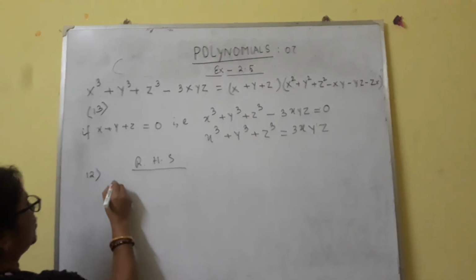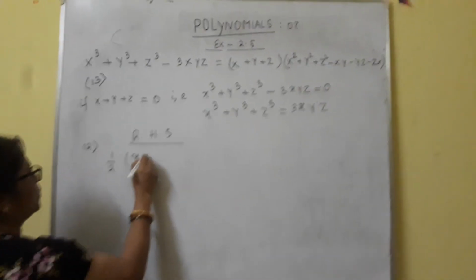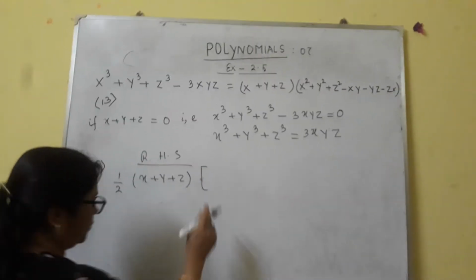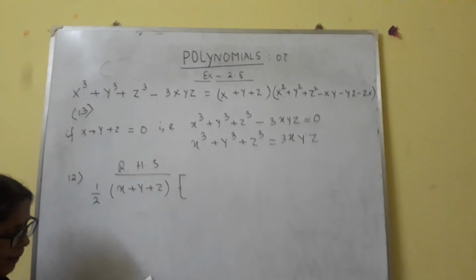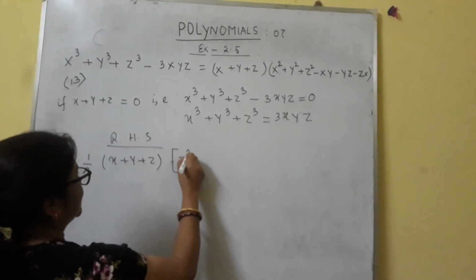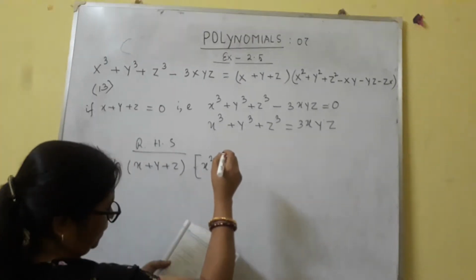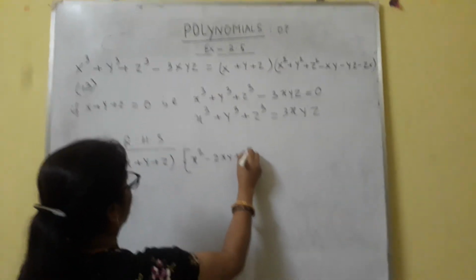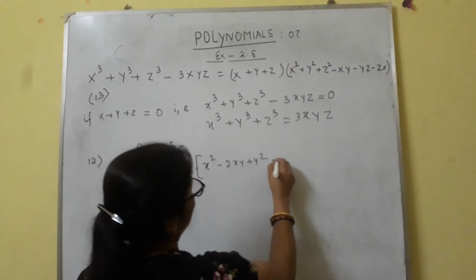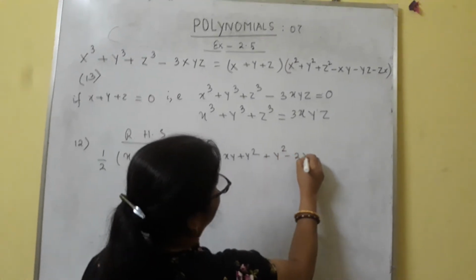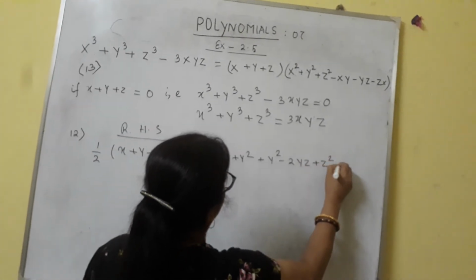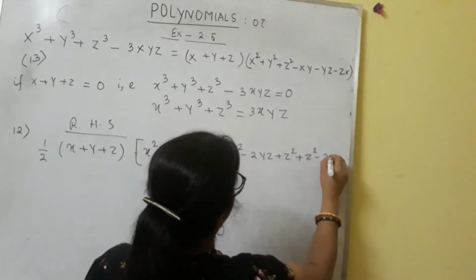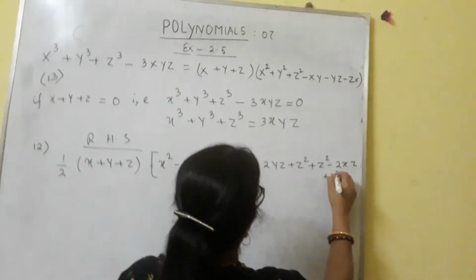In the right hand side you have half x plus y plus z into x minus y whole square, that is x square minus 2xy plus y square. Then y minus z whole square, y square minus 2yz plus z square. Then z minus x whole square, that is z square minus 2xz plus x square.